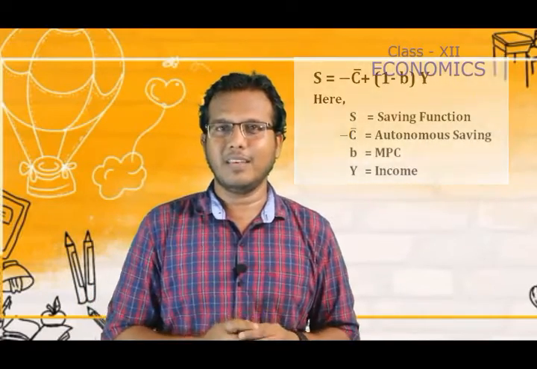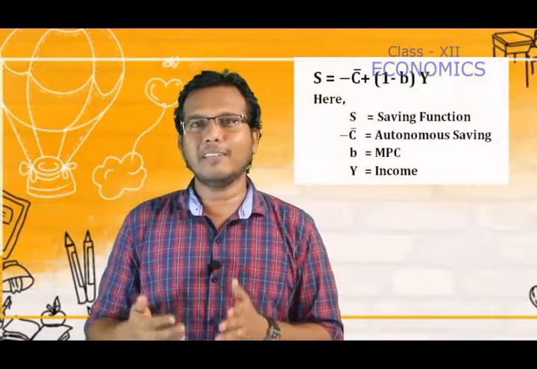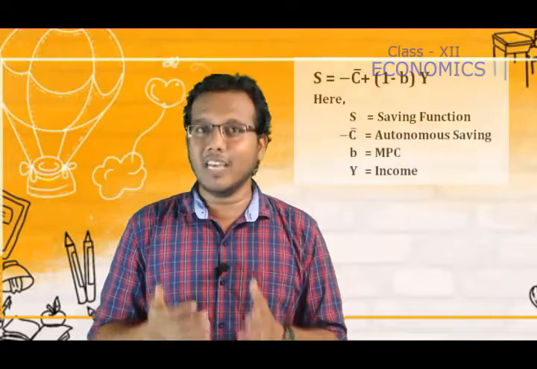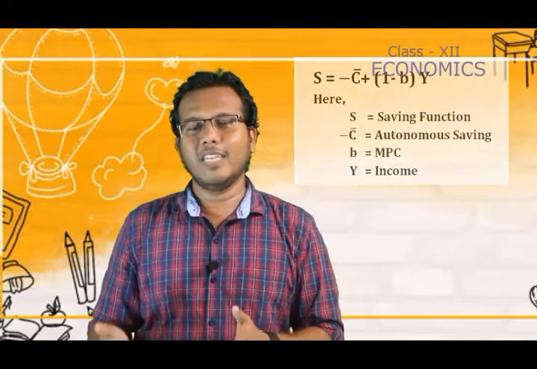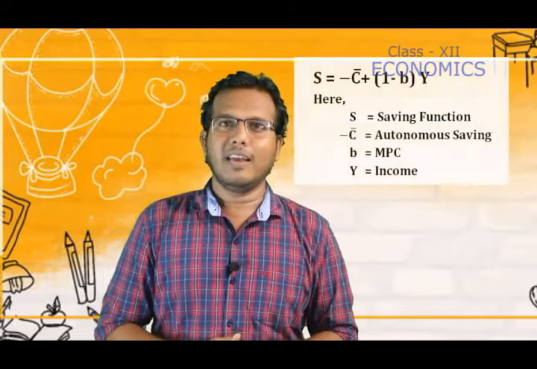But here S can be calculated by adding the value of minus C bar, that is the autonomous saving, with the value of MPS multiplied by income, that is Y.